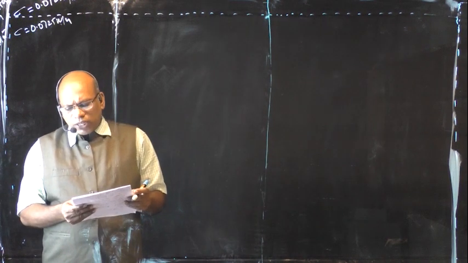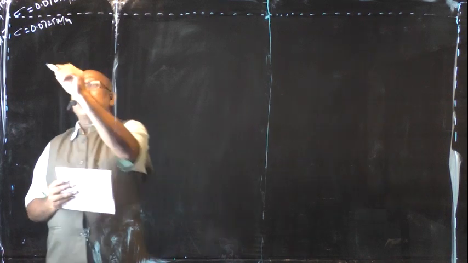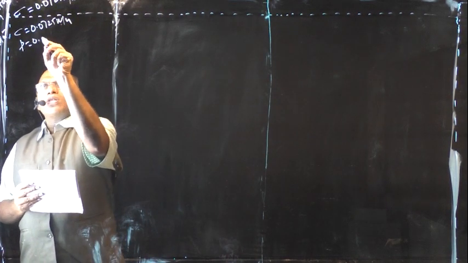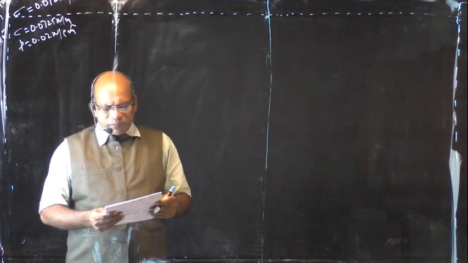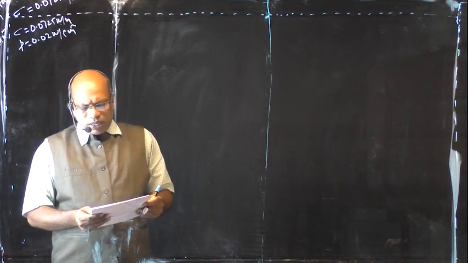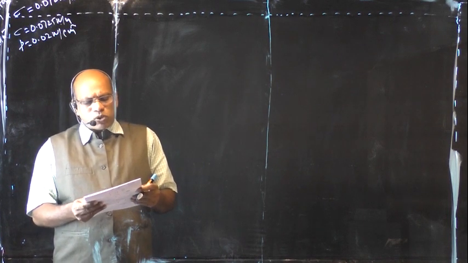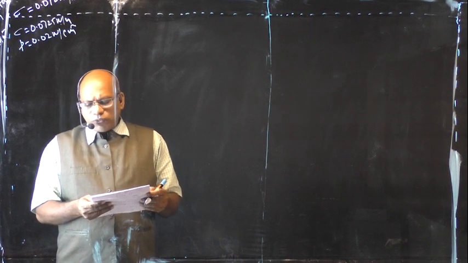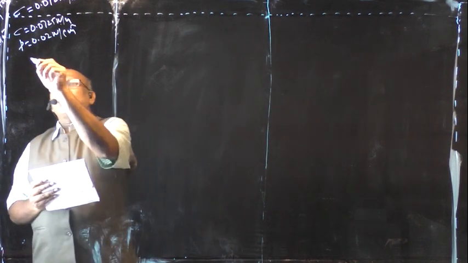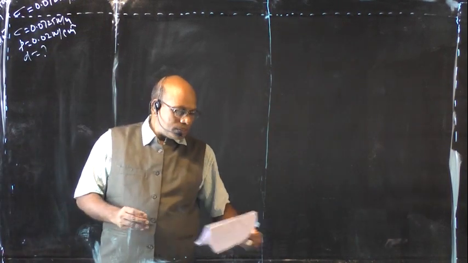The pressure inside a droplet of water is 0.02 Newton per cm square greater than the outside pressure. Calculate the diameter of the droplet of water.